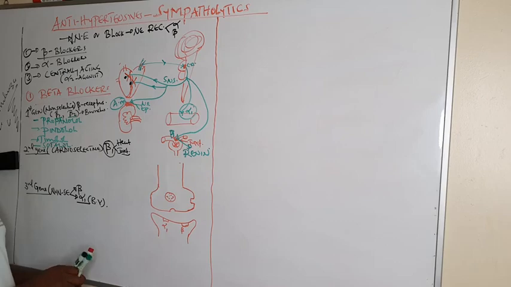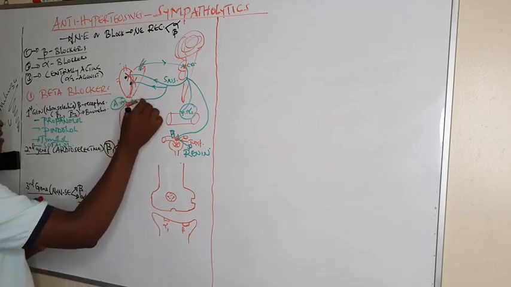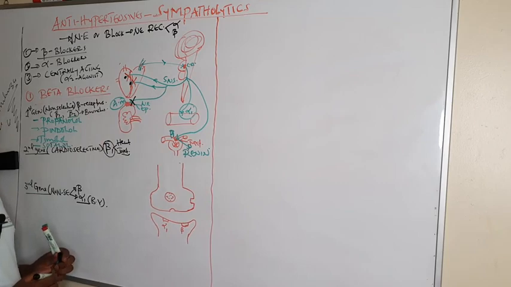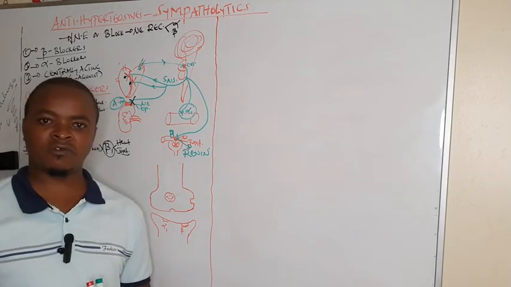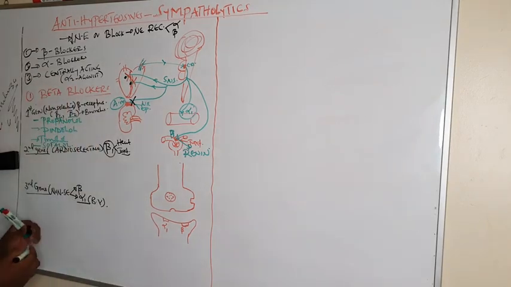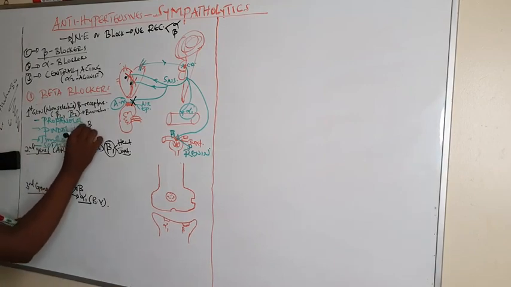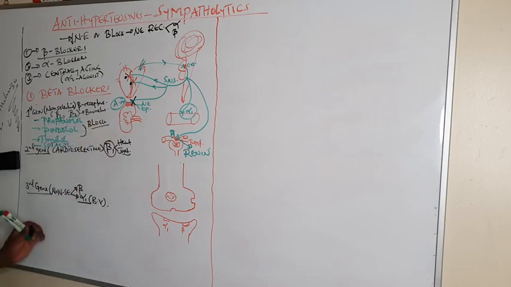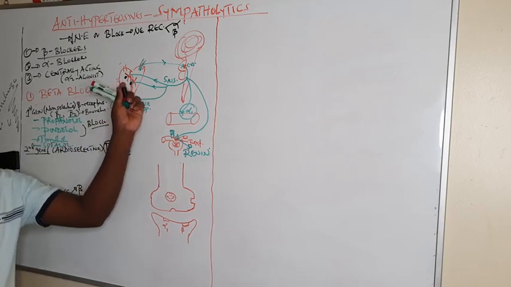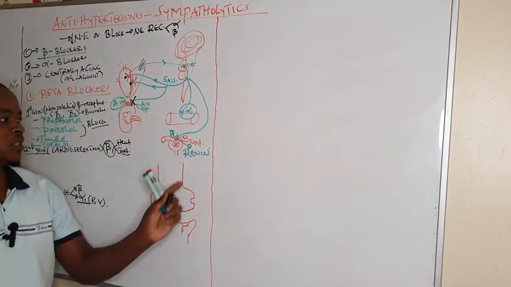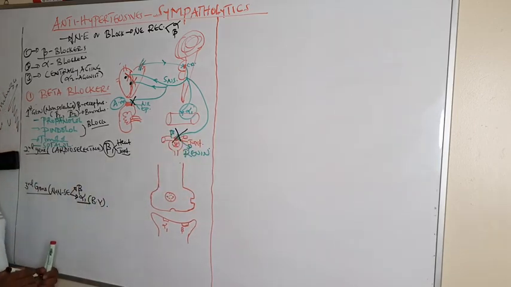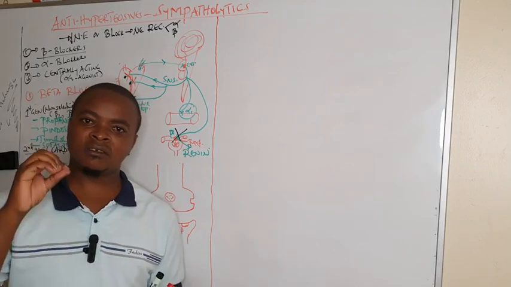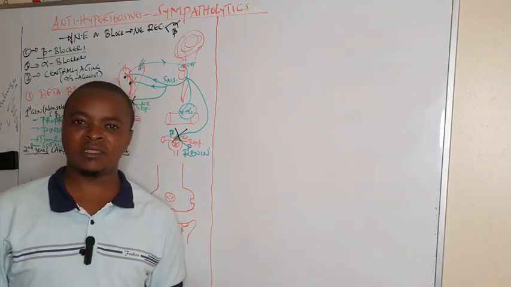At the same time, they also block their attachment on the adrenal medulla, so that there is no stimulation of the sympathetic outflow. So this one is the block. They block the receptors on the postganglionic neurons, and the beta 1 receptors in the heart muscles and the juxtaglomerular apparatus. But this one has beta 1, which we shall see under cardioselective. So that is their mechanism of action, by blocking the binding of the norepinephrine neurotransmitter.